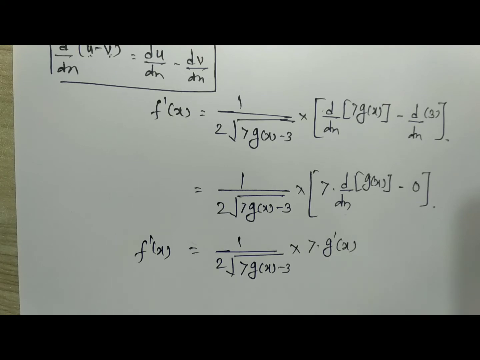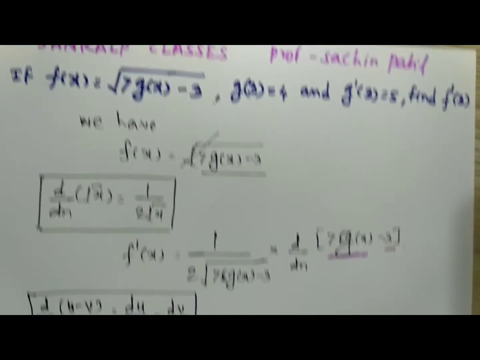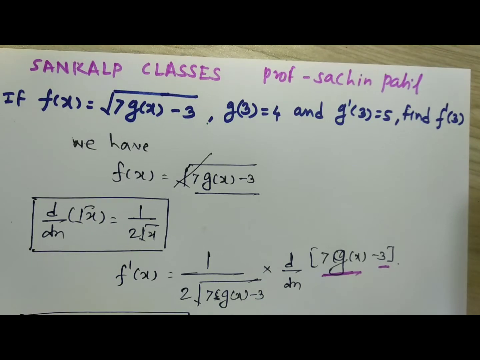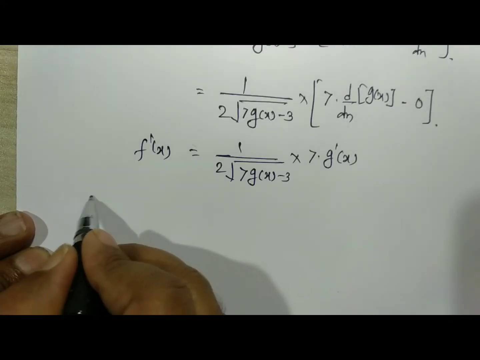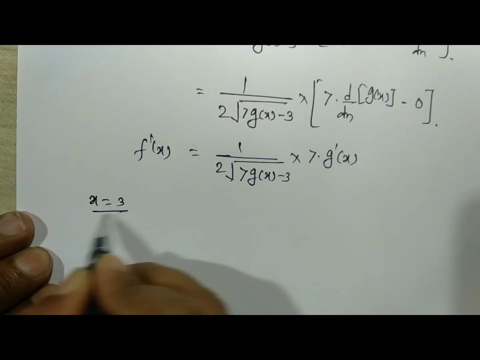Now what is the aim of our example? Our aim is to find f dash 3, and therefore you will put x equal to 3 inside the derivative.